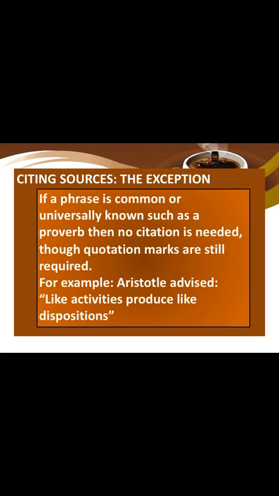It is universally known. It is said by Aristotle, and it doesn't need a citation. We don't need to cite this because it is a proverb that is already known by everybody, but we still need quotation marks because we need to tell others that this is not our words.